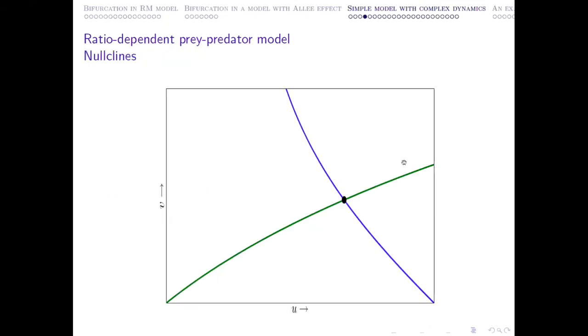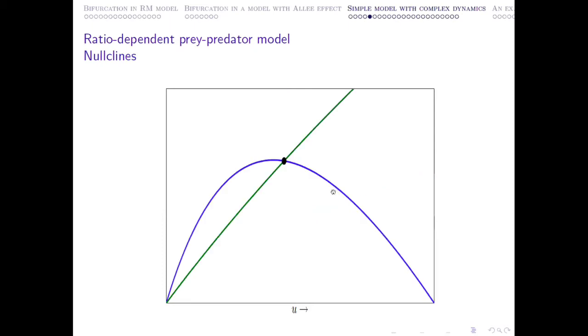So in one case, you have these two shapes of the null cline which intersect at a unique point, and in this case we can find a unique coexistence equilibrium point. Again, you can have this kind of structure for the prey null cline and this kind of structure for the predator null cline.